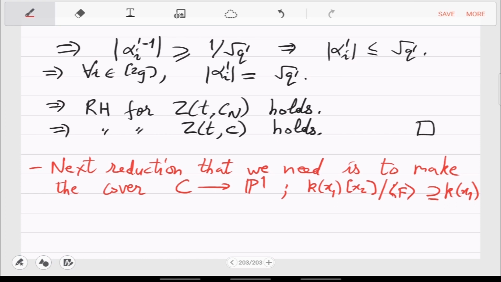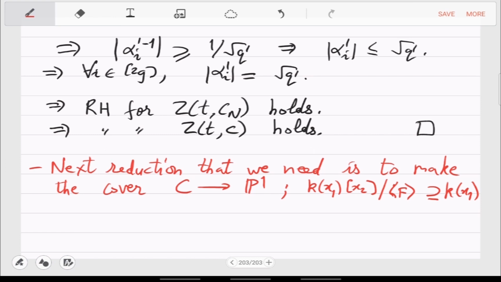It's the opposite arrow, which is basically simply containment in the bigger field. The problem is that this field extension that we are looking at may not be Galois. So it is a finite algebraic extension, but it will be better if we make it Galois. So we make it Galois, and then we study the Riemann hypothesis only for that.